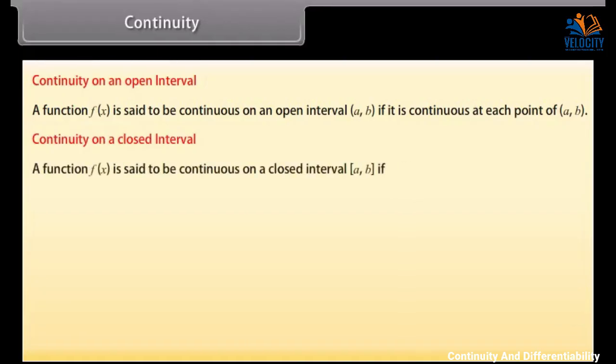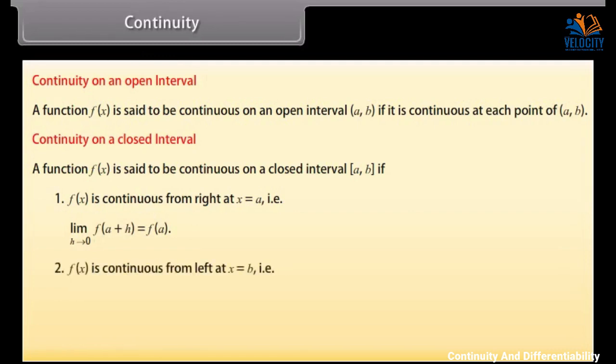A function f of x is said to be continuous on a closed interval a, b if, one, f of x is continuous from the right at x equal to a, that is, limit h approaches 0 of f of a plus h is equal to f of a.